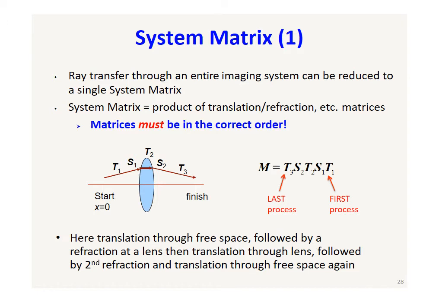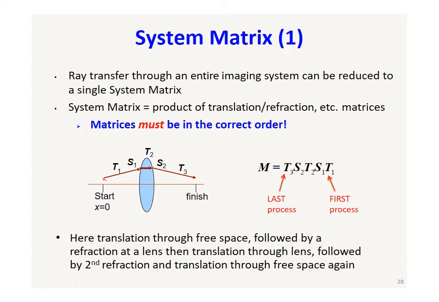Now what we can do is set up a system matrix, which is going to be a simple 2x2 matrix which can describe the entire imaging system. Now the key thing to do correctly is that we have to get the matrices in the correct order. So in this case, physically what happens is a ray starts at x is equal to 0. It is translated.